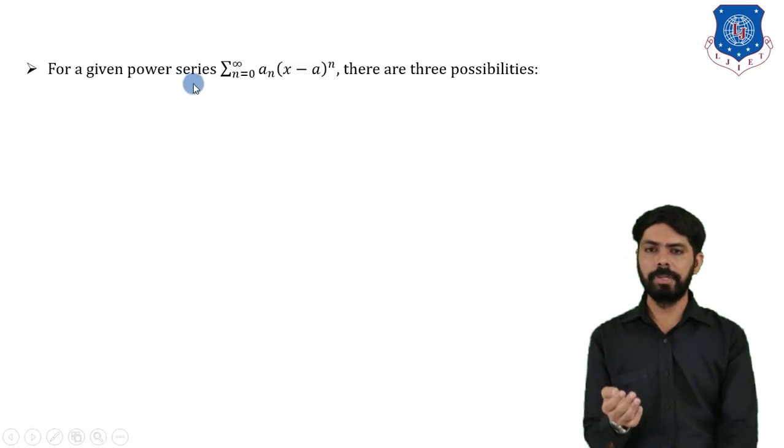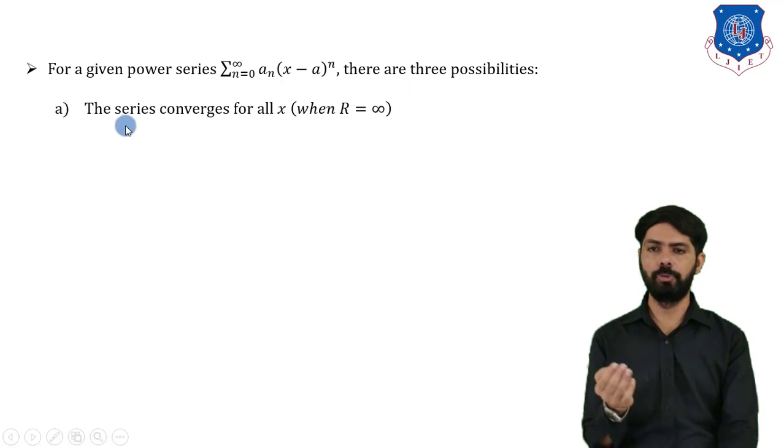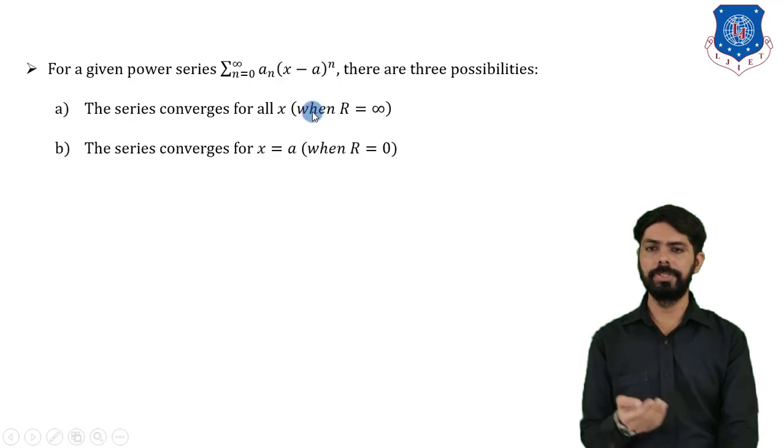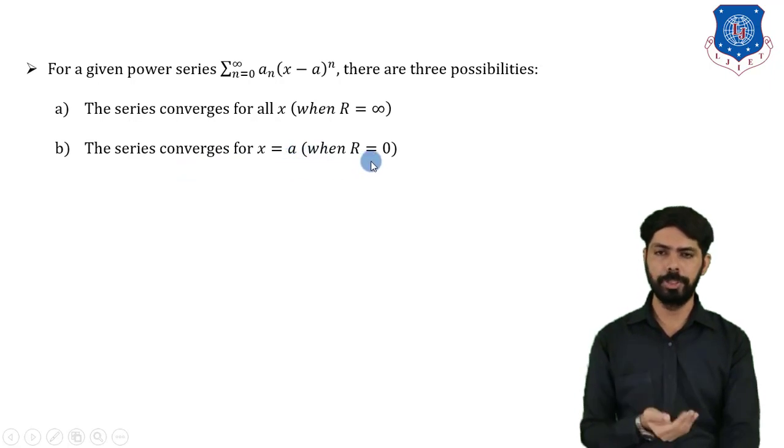Now for a given power series sigma n equal to 0 to infinity an into (x minus a) raised to n, there are three possibilities. The first possibility is that the series converges for all x, and for this the radius of convergence will be infinite. The second possibility is that the series converges only for x equal to a, and for this the radius of convergence will be 0.